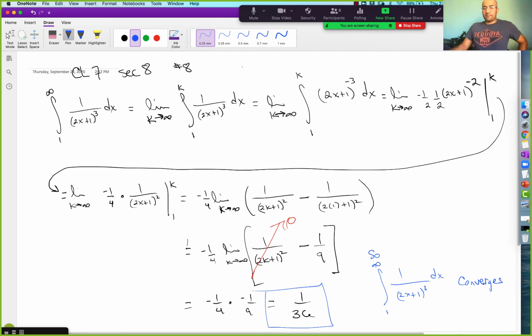Any questions? It's not too bad, right? You just have to break it up into a limit of an integral. Hopefully the integral is not too bad, and hopefully the limit is not too bad.